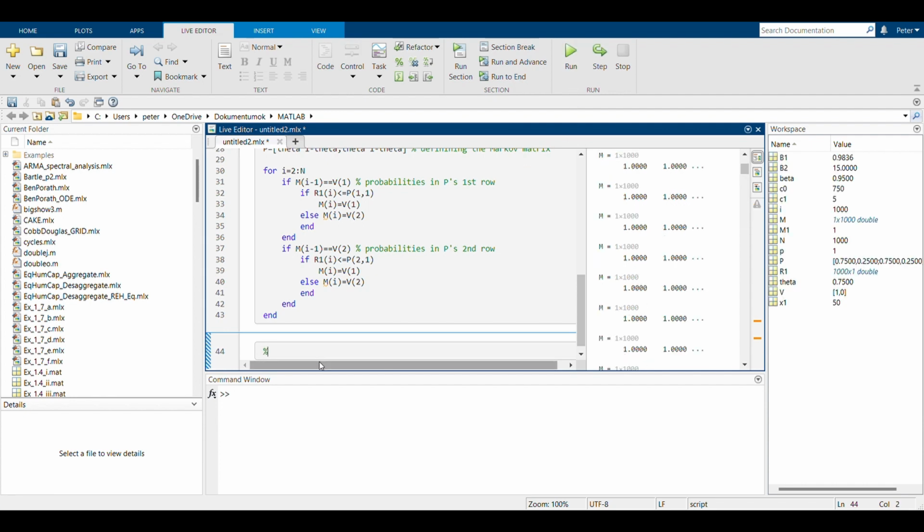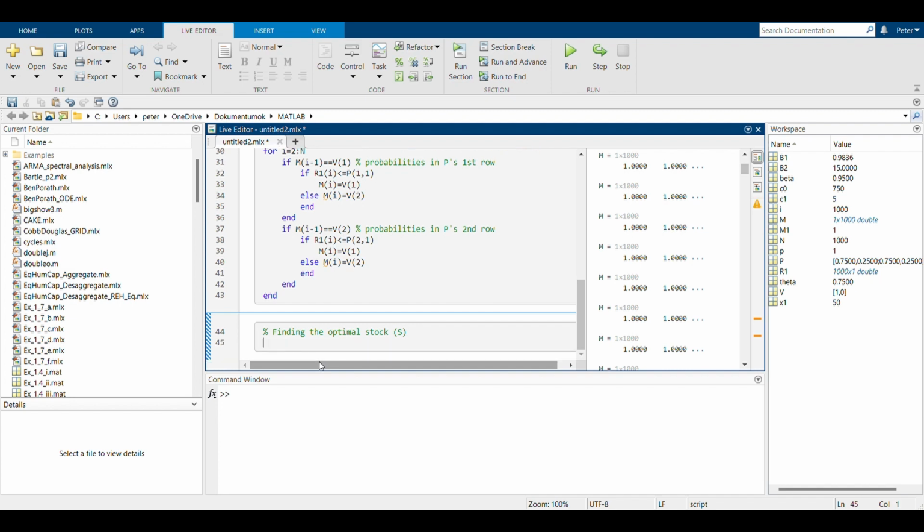The next step is to find the optimal stock, capital S. We need another maximum number of iterations. It can be a huge number.